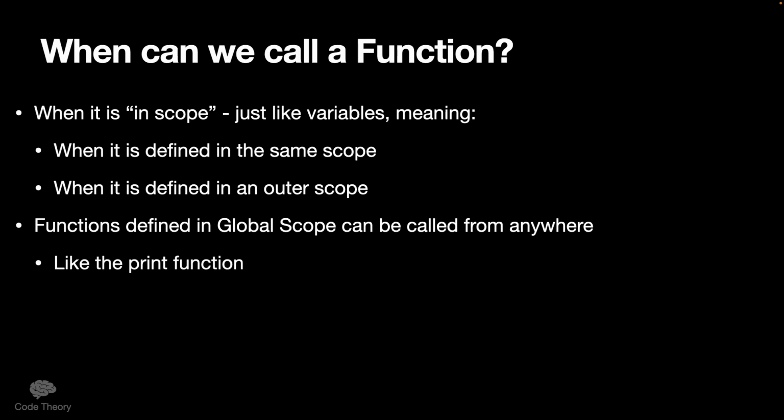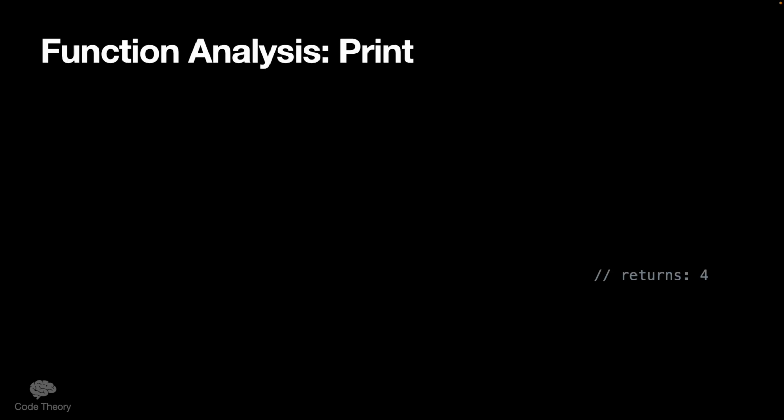A great example of a global scope function is print. This is a function that you've seen used here in these lecture slides and also in the quiz a number of times. And that is a great example of a global function.